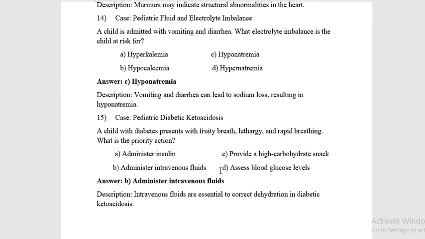B, administer intravenous fluid. C, provide a high carbohydrate snack. D, assess blood glucose level. The answer is B, administer intravenous fluid. Intravenous fluids are essential to correct dehydration in diabetic ketoacidosis.